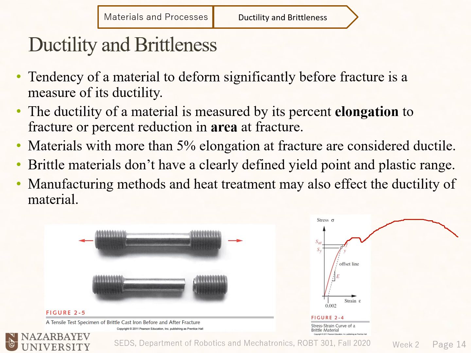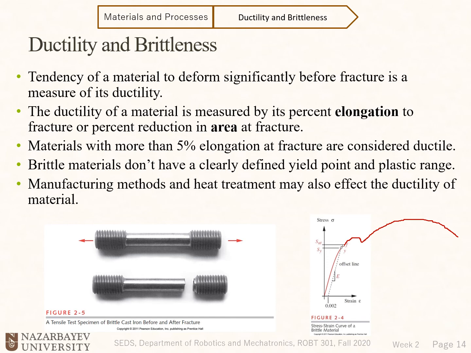Manufacturing methods and heat treatments may also affect the ductility of material. We'll explain them later, why a manufacturing method and heat treatment could change the ductility or brittleness of material, yes?